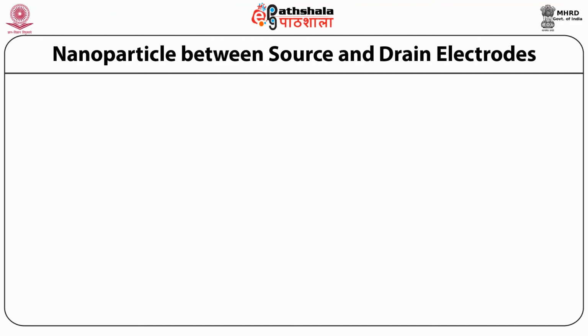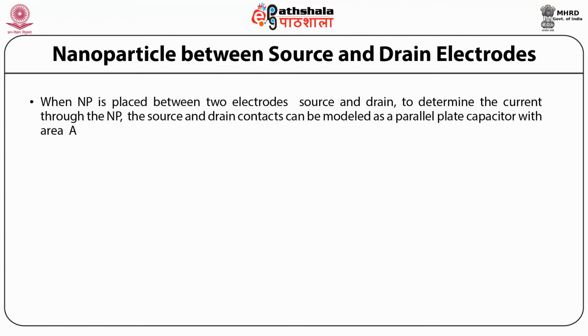Nanoparticle positioned between the source and drain electrodes. When a nanoparticle is placed between two electrodes, that is source and drain, to determine the current through the nanoparticle, the potential profile for an arbitrary distribution of charges has to be calculated.